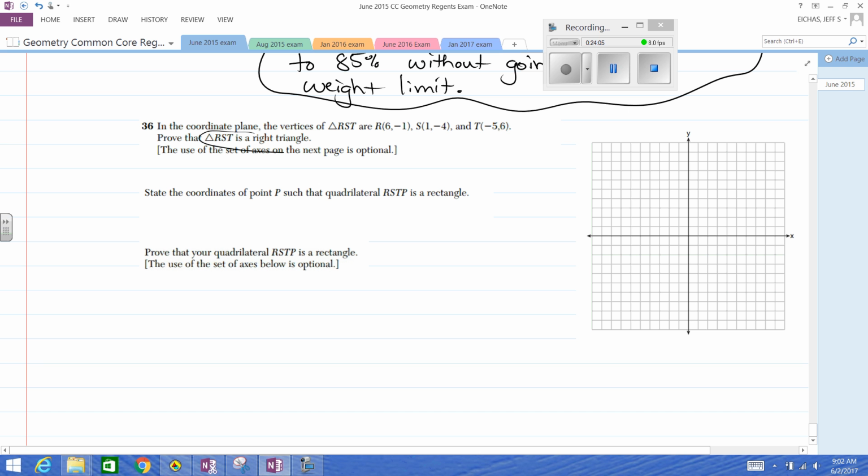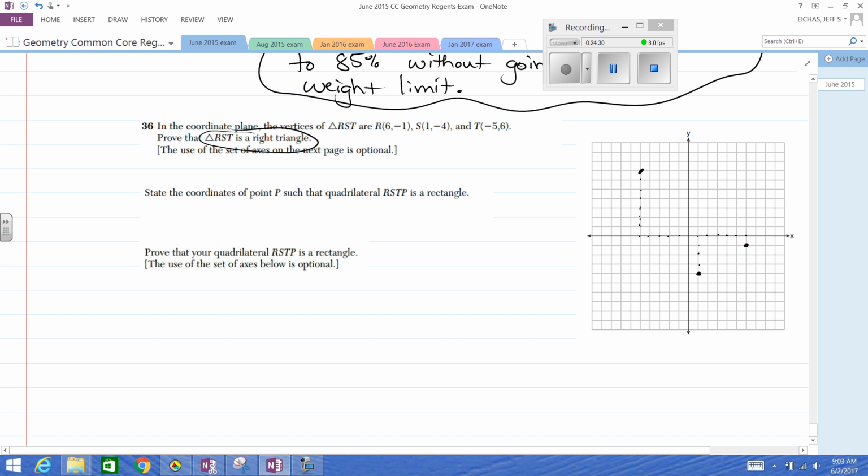Let's see. Prove it's a right triangle. There's a few ways to do that. All right. So RST, let's go ahead and graph this. R is 6, -1. 1, -4. And -5, 6.